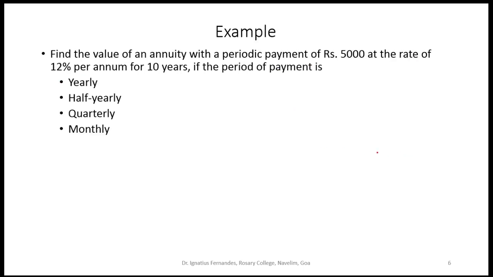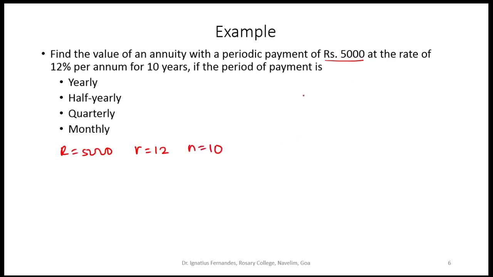Let's say, for example, suppose I want to find out the value of an annuity with a periodic payment of rupees 5,000 at the rate of 12% per annum for 10 years. So here periodic payment R is 5,000, at a rate of 12%, so R is equal to 12, and N is equal to 10.